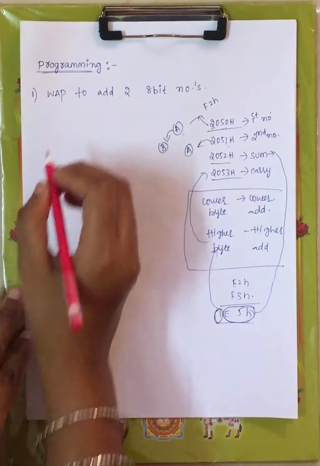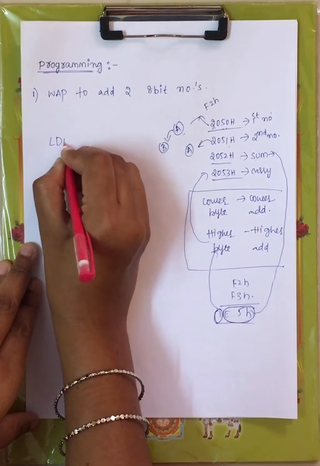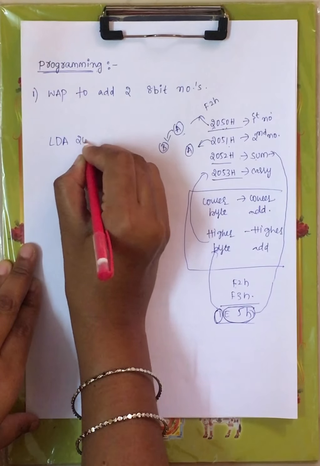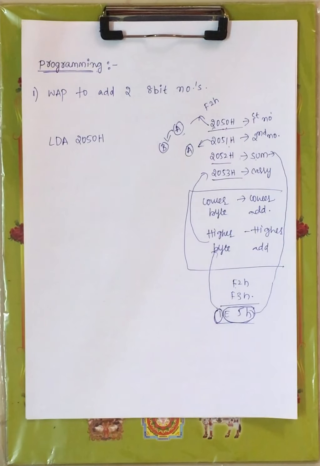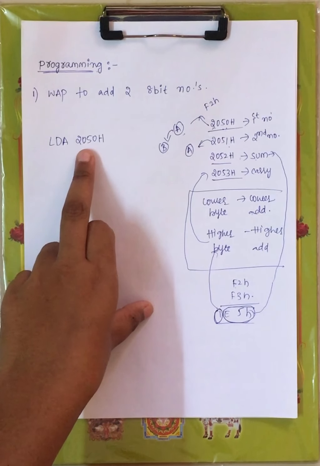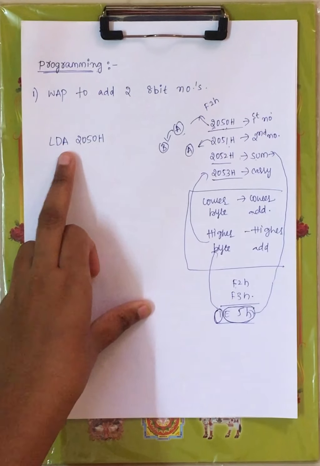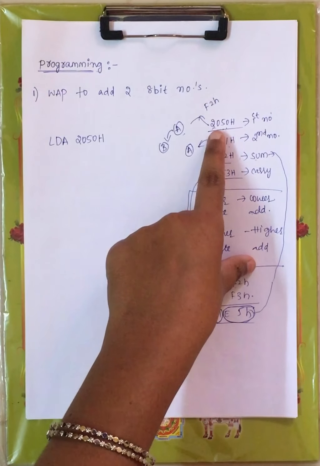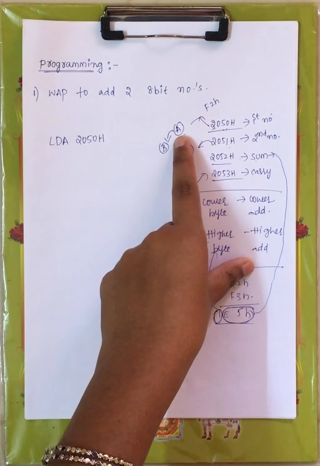LDA 2050H. This is the memory location, and this memory location stores some data. That content is loaded to the accumulator: the first number stored under 2050H is loaded into the accumulator.